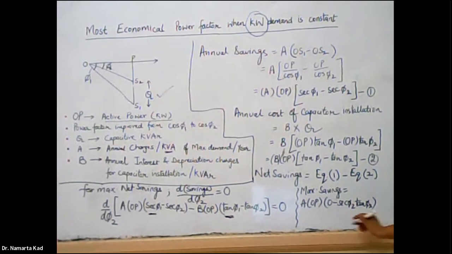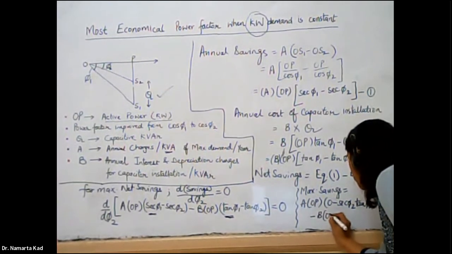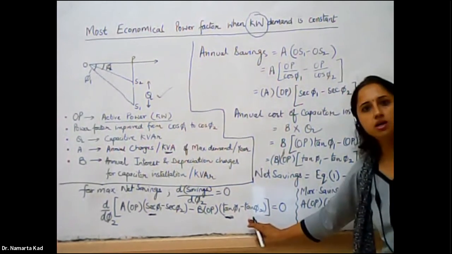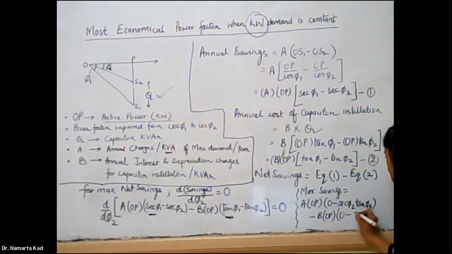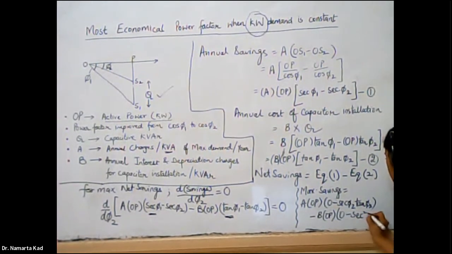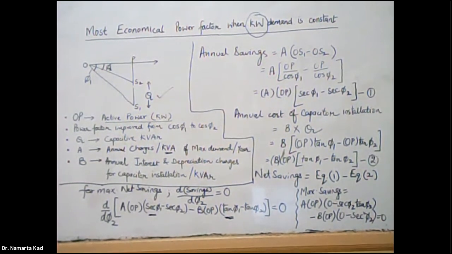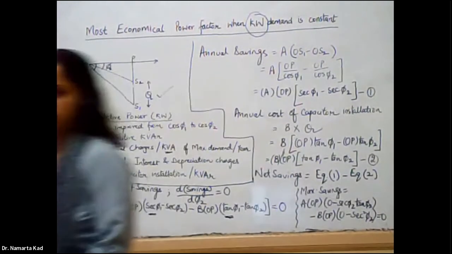And minus B into OP, 0 minus the differentiation of tan, which is secant square. So it comes out to be secant square phi 2, and equate it to 0. Okay, now we just have to solve it.